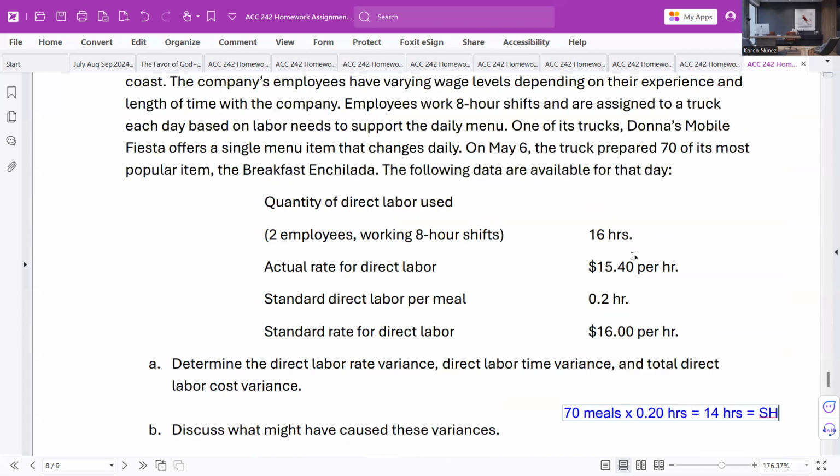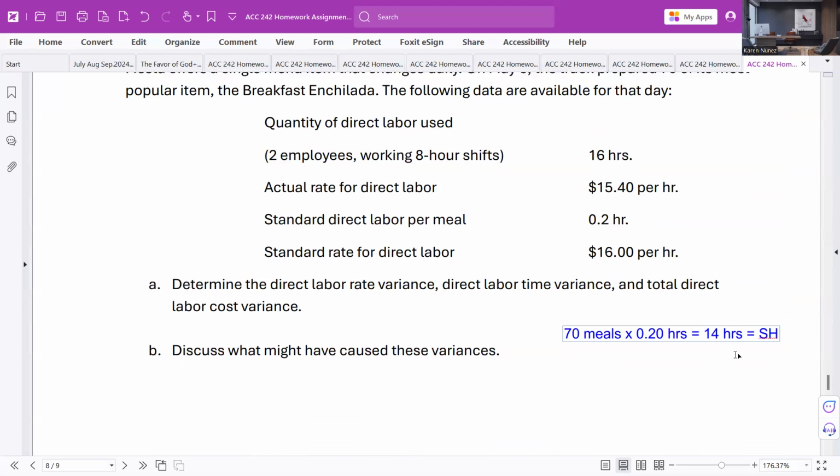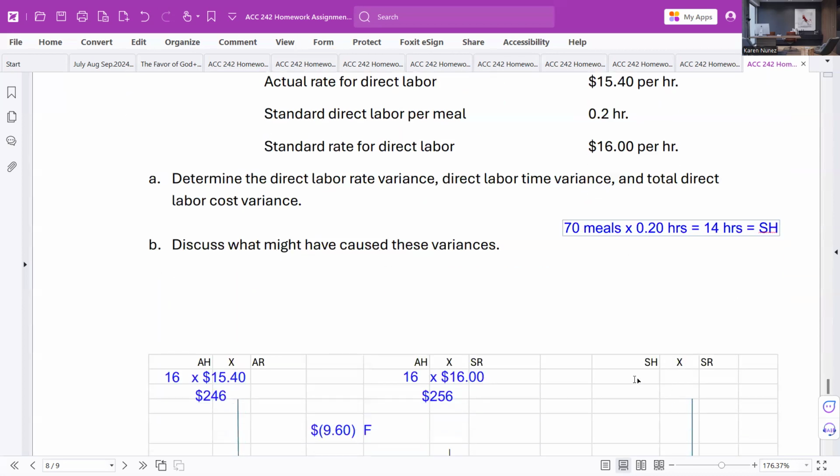They prepared 70 meals. It should take 2/10 of an hour to make a meal. They should have only worked 14 hours. That's our standard hours. So we already know we're going to have an unfavorable time variance because they worked 2 hours more than they should have. So 14 hours times the standard of $16 means we've got a total cost of $224.